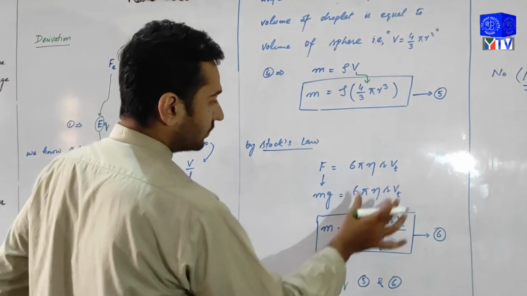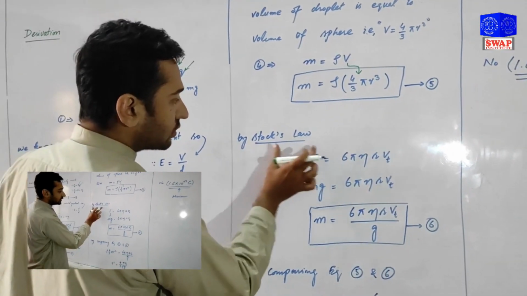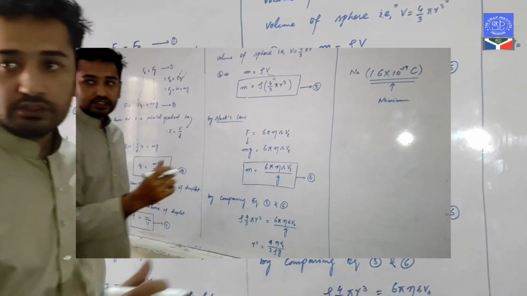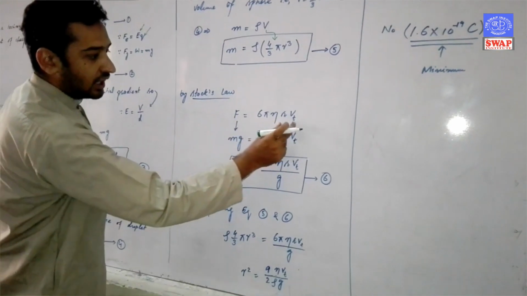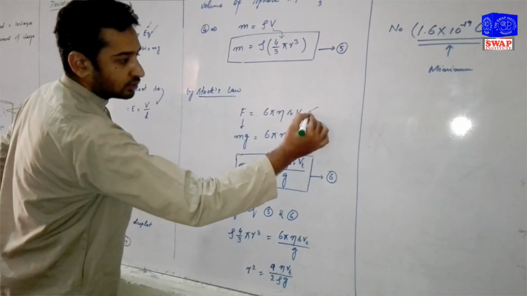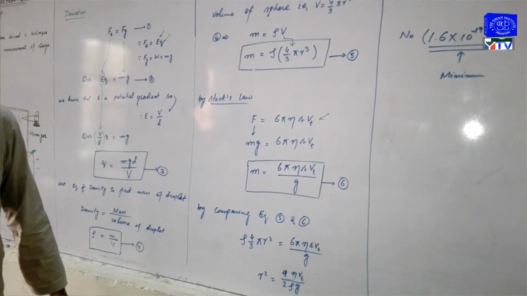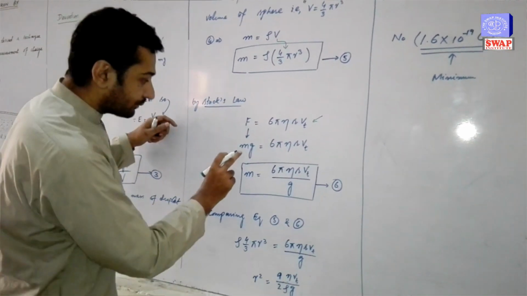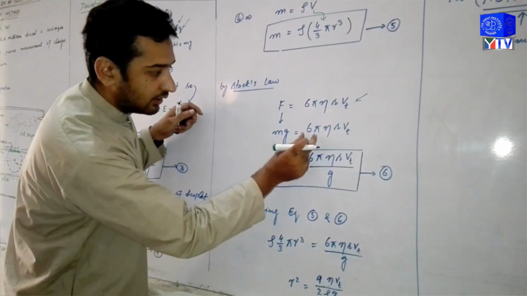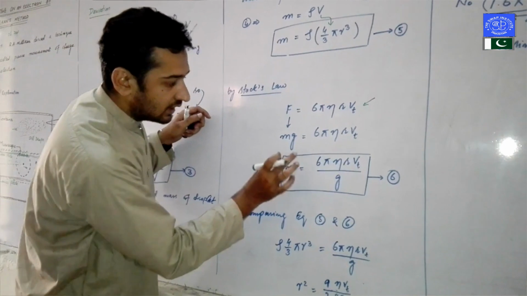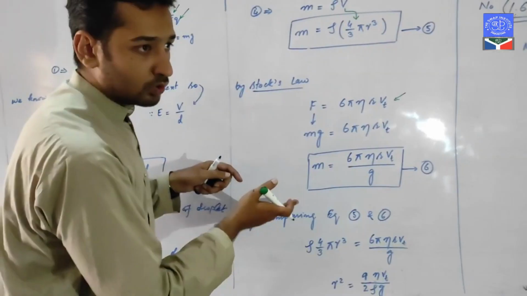So now I am going to work to find r. Another equation, Stokes' law, in first year chapter number 6: F is equal to 6 pi eta r V, where V is terminal velocity here. The force is equal to mg, which is equal to 6 pi eta r V, and just separate the mass by moving g towards the denominator.